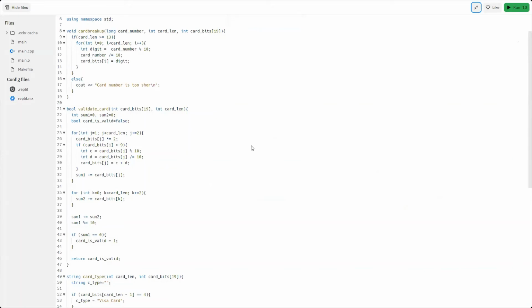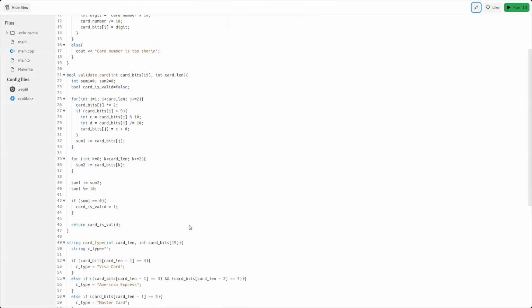Next, we have the validate card function. It's a Boolean function which returns either true or false. So the first thing it does is take the card number as a string and convert it to an array of integers. It's reversing the array, multiplying every other number by 2, and adding the digits of the numbers that were multiplied by 2.